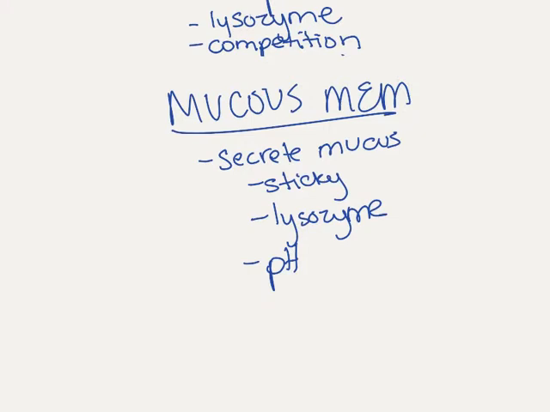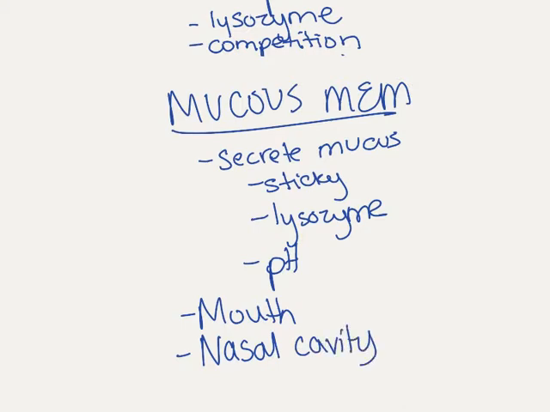So where are you going to find mucosal membranes? Well, anywhere you have a natural break in the skin that needs to be there to gain entry for other things into the inside of your body, namely your mouth, because you need a way to get into the esophagus so that you can eat and digest. The nasal cavity, you need to breathe. I hope that's pretty self-apparent.